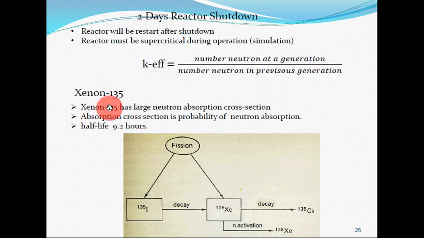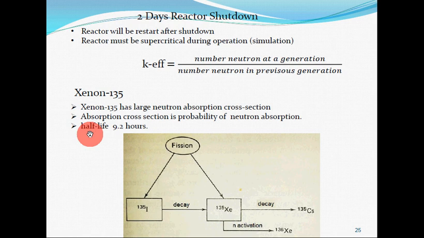There is one poison that is very important for this. That is xenon 135. Xenon 135 has a large neutron absorption cross-section. Absorption cross-section is the probability of neutron absorption.